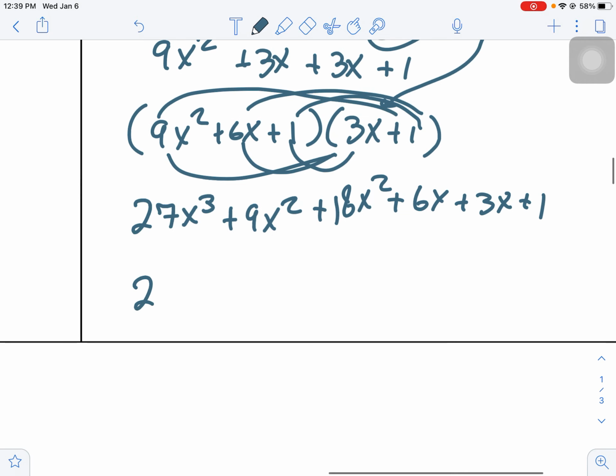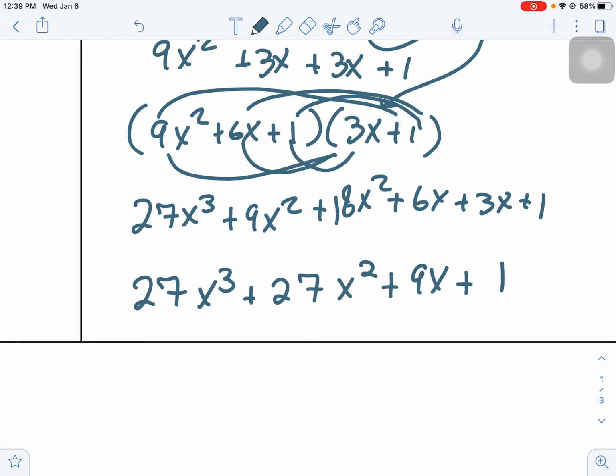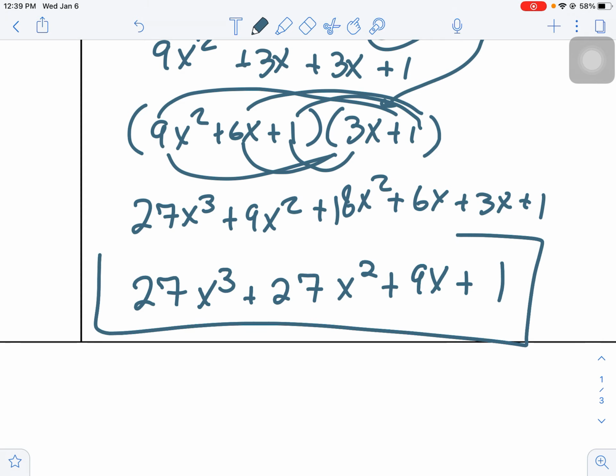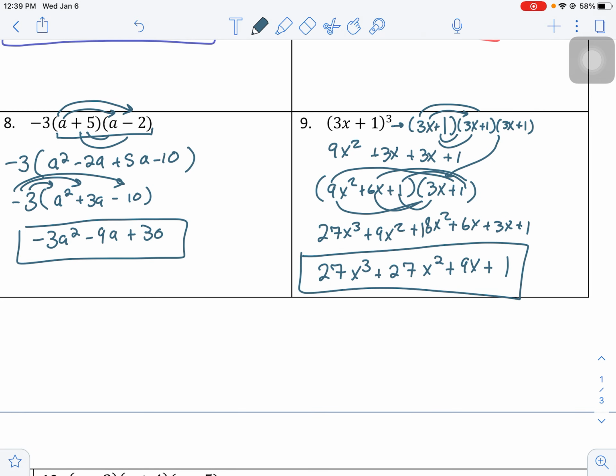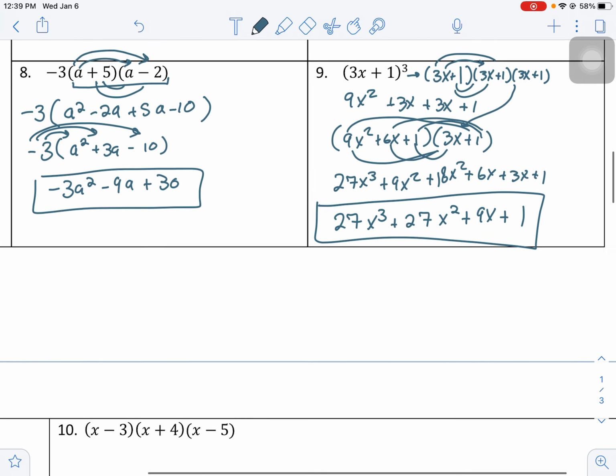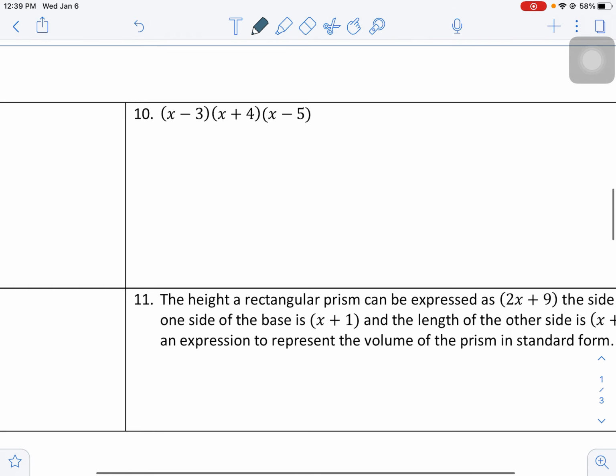So a lot of multiplying going on there. So combine like terms, 27x cubed plus 27x squared plus 9x plus 1. Boom. Okay, so a lot of multiplying there that happens. Just got to make sure you multiply every single term by each of the other terms.